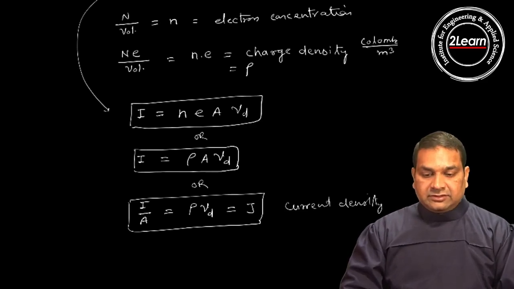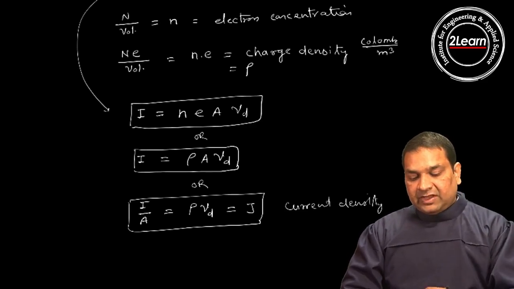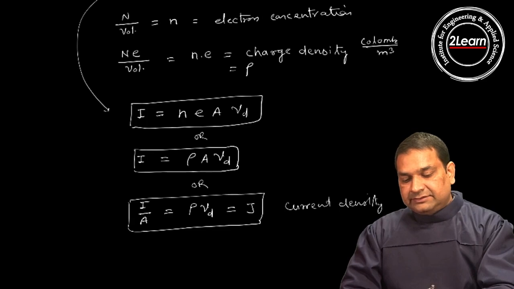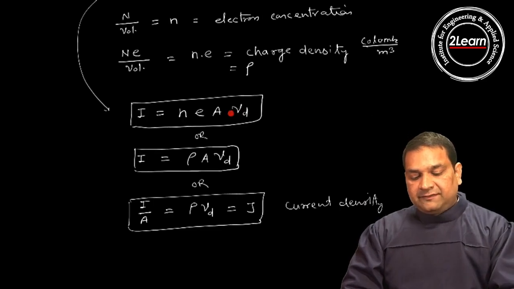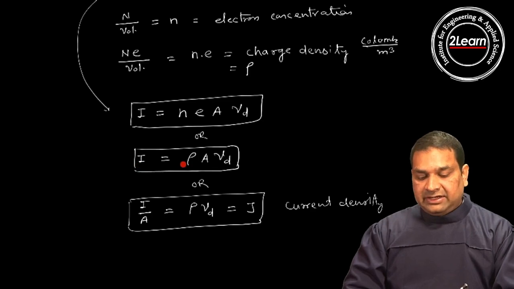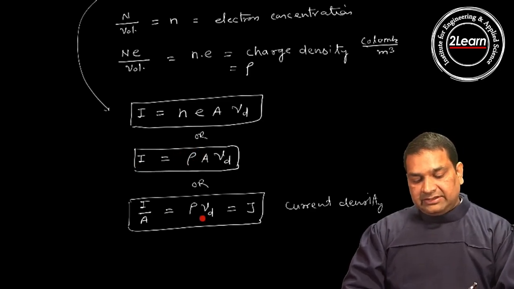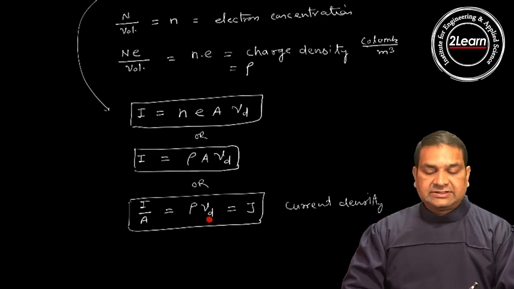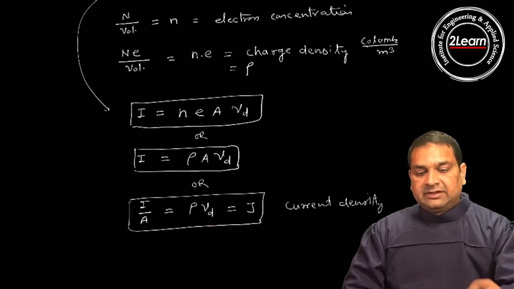This is the relation of current in terms of electron concentration, here in terms of charge density, and this is the relation of current density in terms of charge density and drift velocity, where Vd is the drift velocity.